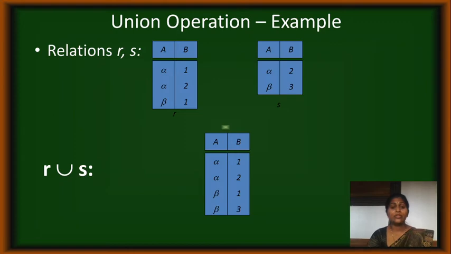Okay. So the next operation is the union operation. Let us see the example first and then the notation. R and S are two relations, two tables. R consists of A and B as columns. S also consists of A and B as columns. Values in R: alpha 1, alpha 2 and beta 1.